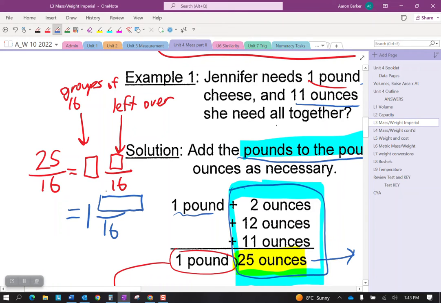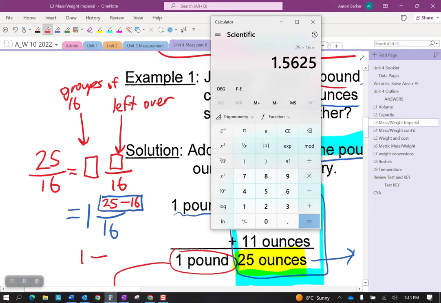Now we got to figure out the rest. What we did is we had 25 at the start, and we took away one group of 16. So on the top, the answer is going to be 25 minus 16. Oh, I can't do this in my head. Sorry, it's Friday. 25 minus 16.